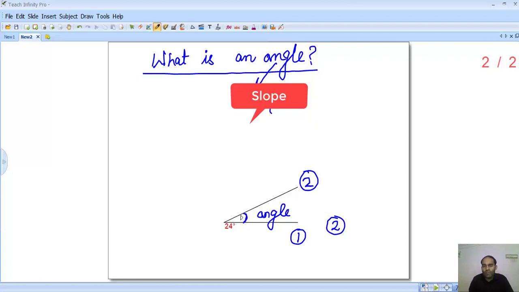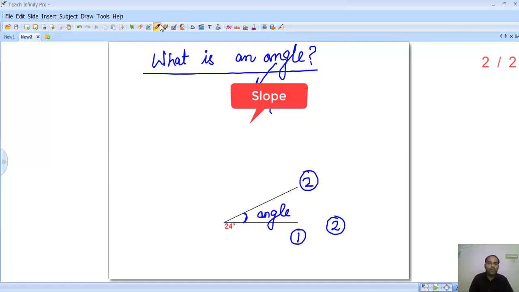If we want to measure how much line 2 or surface 2 is inclined to surface 1, then how can we measure? We measure it by the help of angle. The angle tells us how much line number 2 is inclined in reference to line number 1. This inclination is called an angle.